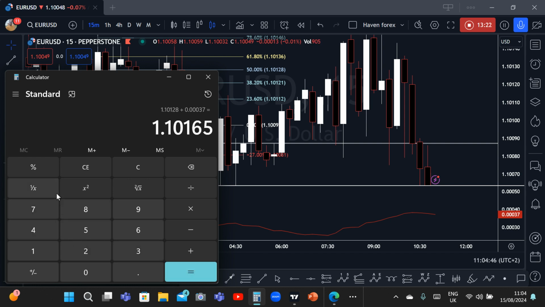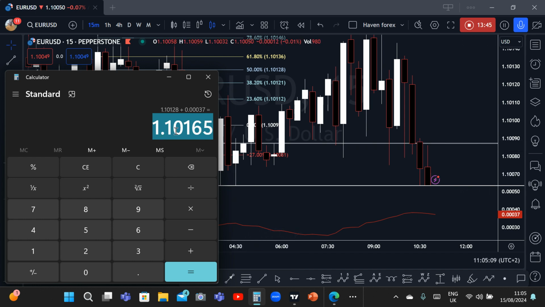You just say equals. This number is where you place your stop loss. It's very simple, guys. Where are you going to place your stop loss? It's 1.10165. That is where you place your stop loss.